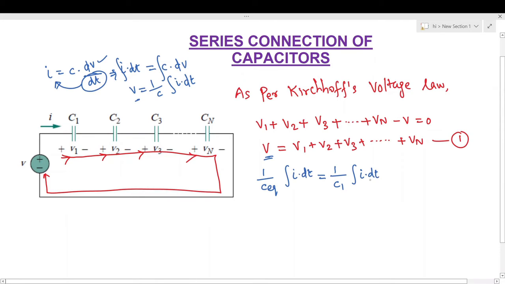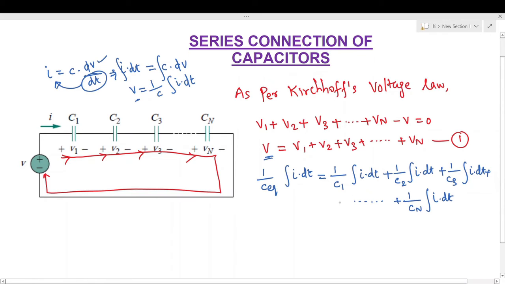For V2 the equation will become 1 by C2 integral I into dt. For V3 it will become 1 by C3 integral I into dt, plus up to the Vn term, which will become 1 by Cn, the nth capacitor's capacitance value, integral of I into dt.